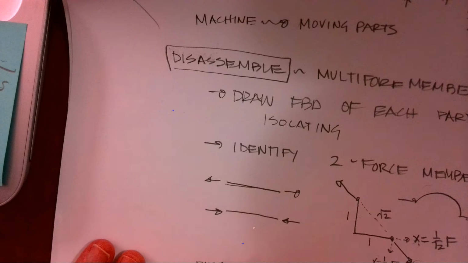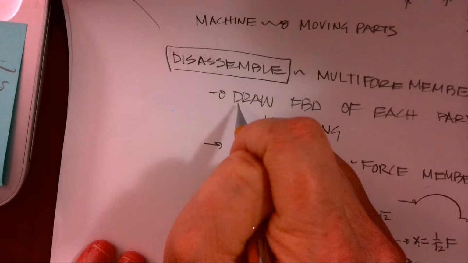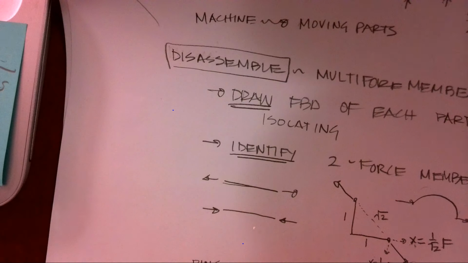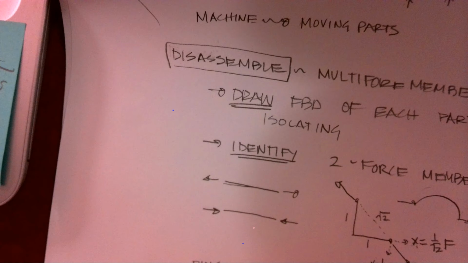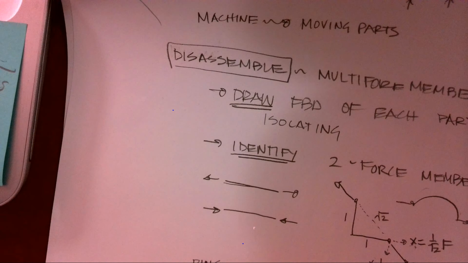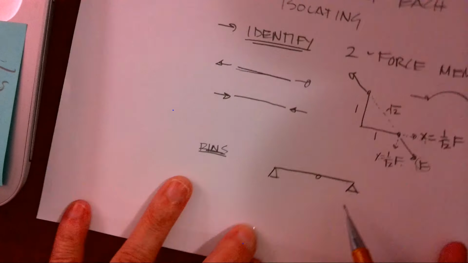So I'll go back and identify what we've covered, and we're going to look at pins. So if I have a very simple system here, and this could be like the frame of my glasses and my hand on the, oh, you can't even see me. Sorry.